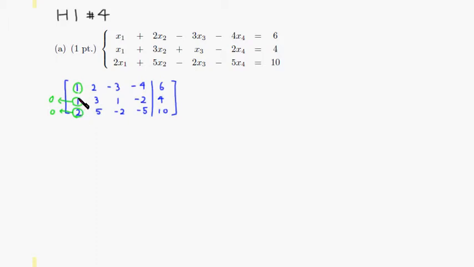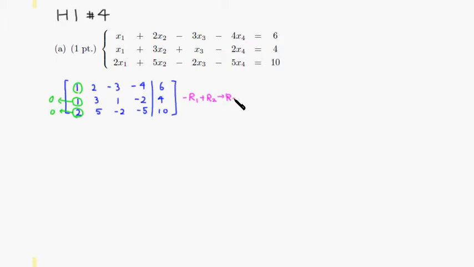So let's turn this guy into 0. The pivot is in row 1, so we take row 1. Then you always multiply by the negative of the number you want to get rid of. I want to get rid of 1, so it's going to be -1. Then add it to the row that you want to change. Row 2 is the one we're working on.